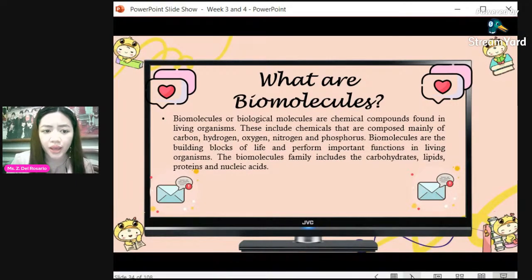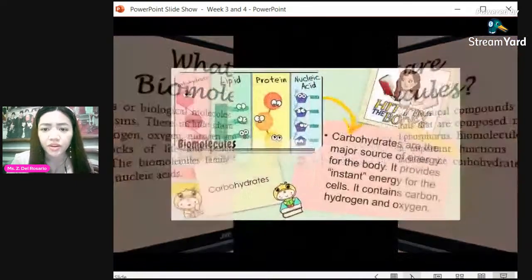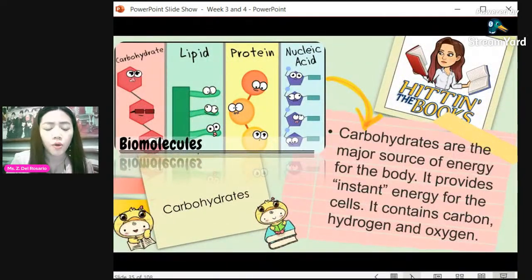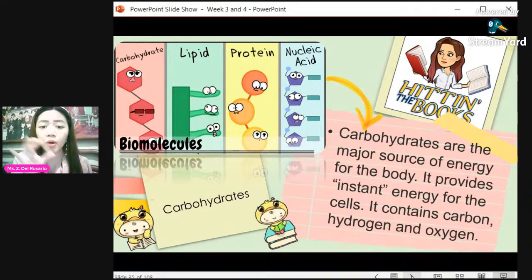One of the many biomolecules would be carbohydrates. When we say carbohydrates, this refers to the major source of energy that our body needs. The elements present in here would be carbon, hydrogen, and oxygen. If you look closely, carbon, hydrogen, and oxygen, as you combine these three, will be carbohydrates itself.